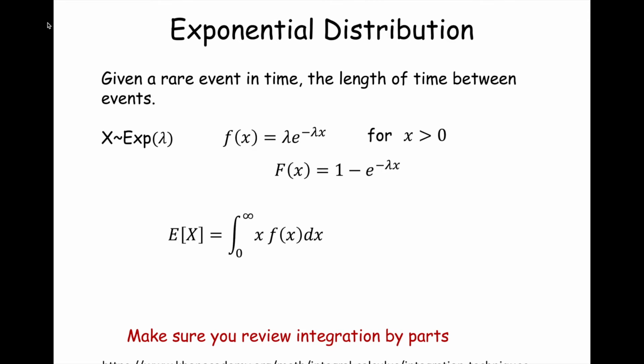Let's evaluate the integral. Let me just clarify. This expansion here is times a lambda because it had lambda times this expansion. So if we take this expansion and multiply by that lambda, which is what happens here, we get rid of this 1 over lambda, and we get x.